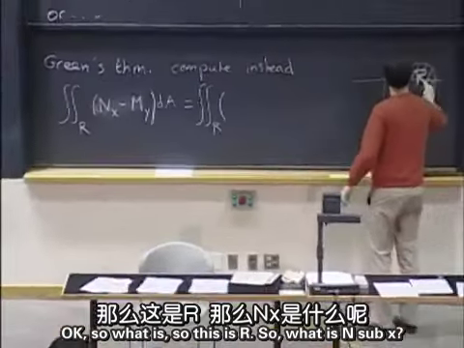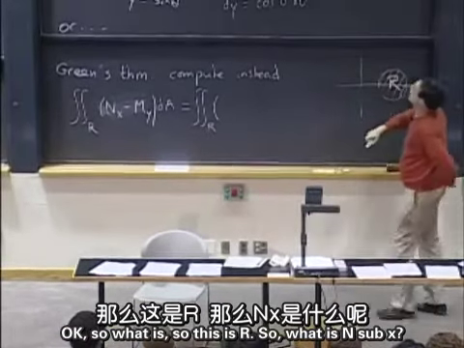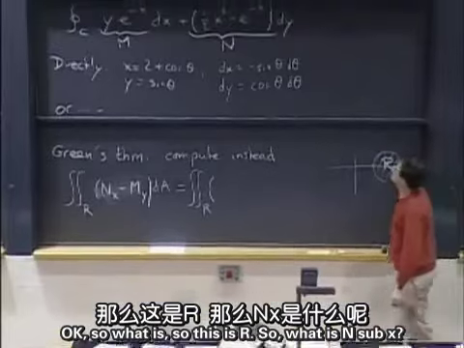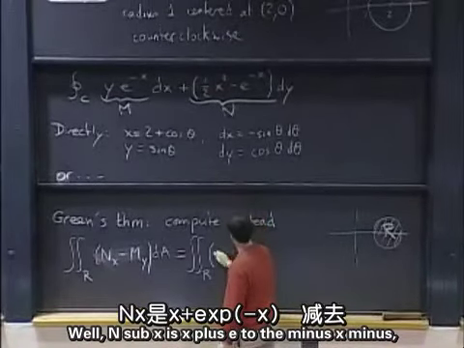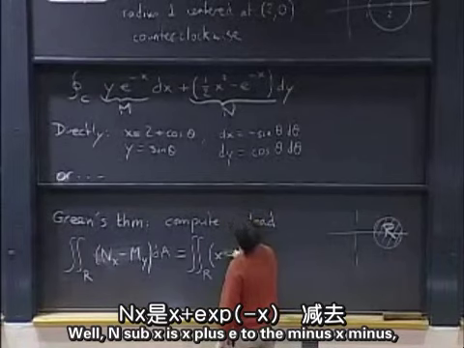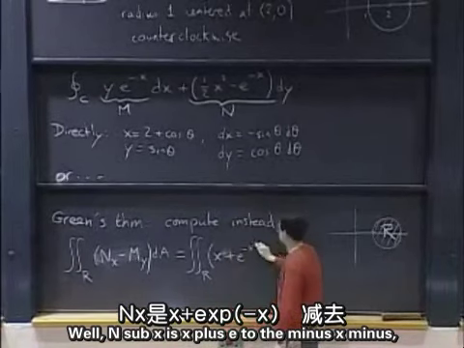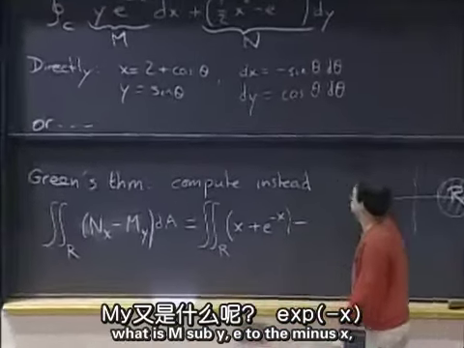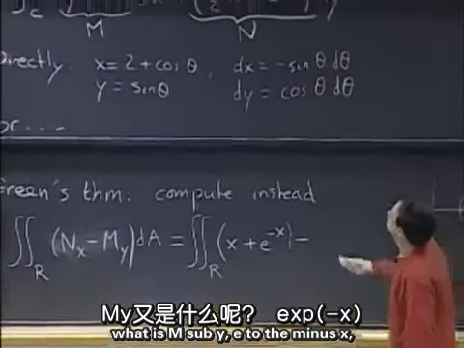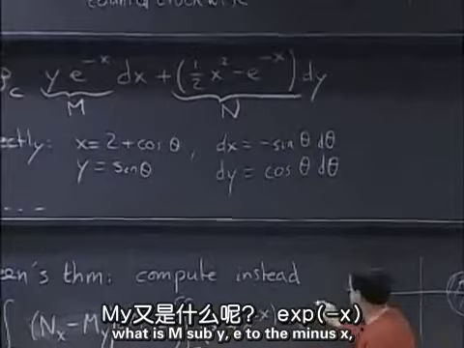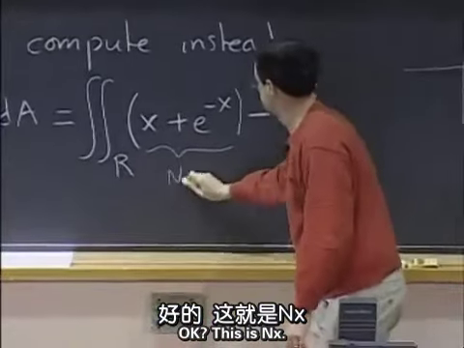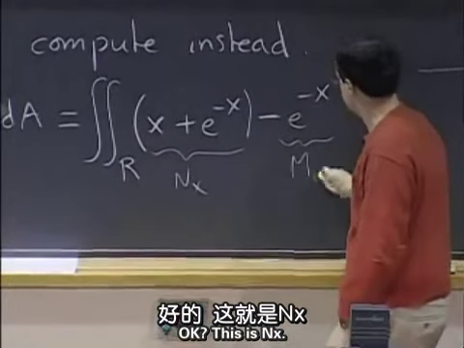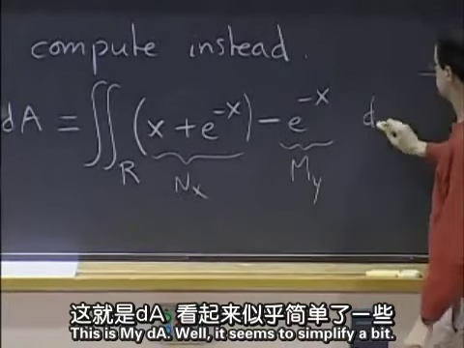Okay? So this is R. So what is n sub x? Well, n sub x is x plus e to the minus x. Minus, what is m sub y? e to the minus x. Okay? This is n_x minus m_y, this is my dA.